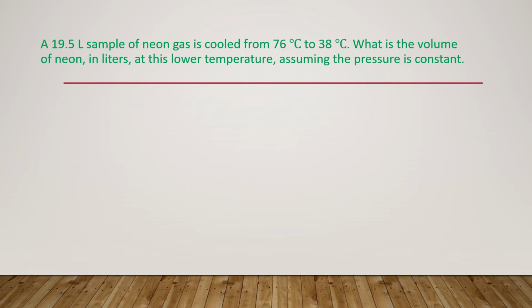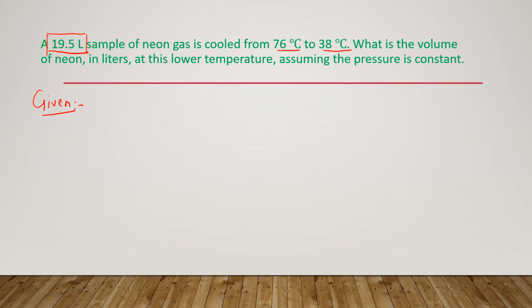In this problem, a sample of neon gas is given. So let's write down all the given values. A 19.5 liter sample of neon gas is cooled from 76 degrees Celsius to 38 degrees Celsius.